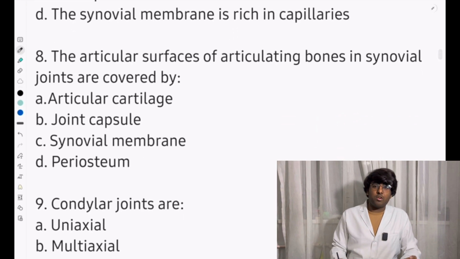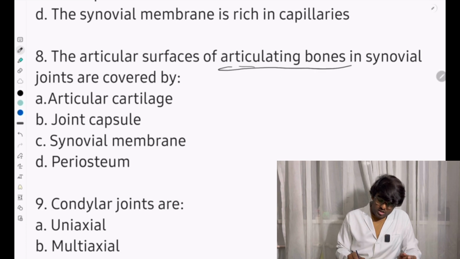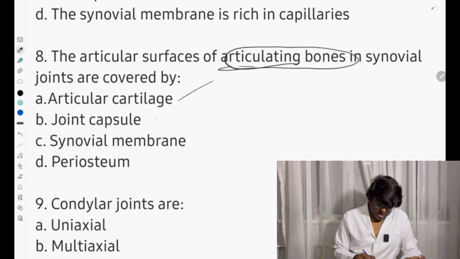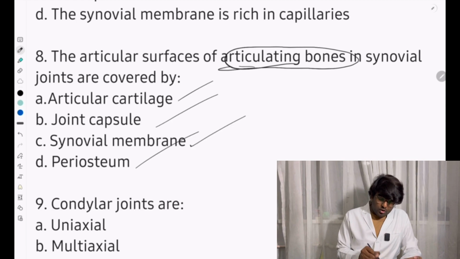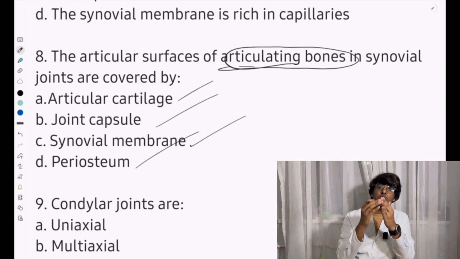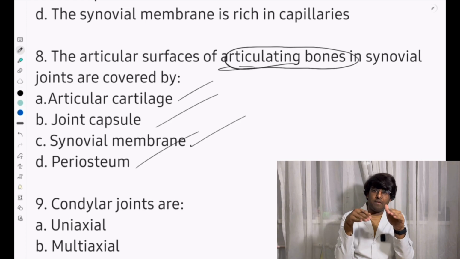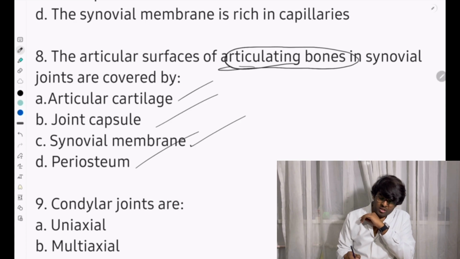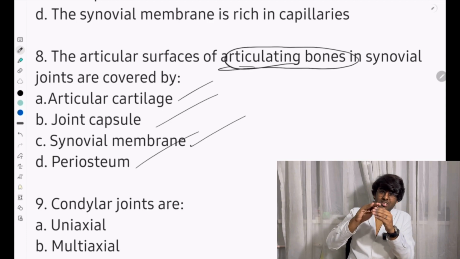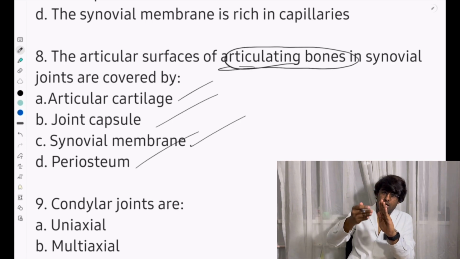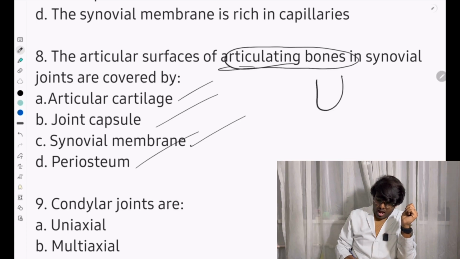The options are articular cartilage, joint capsule, synovial membrane, periosteum. You know that a synovial joint has synovial fluid inside, right? And there are some membranes covering the proximal and distal parts of the bones. So these articulating bones are covered by some articular surface, which covers the proximal and the distal bone.